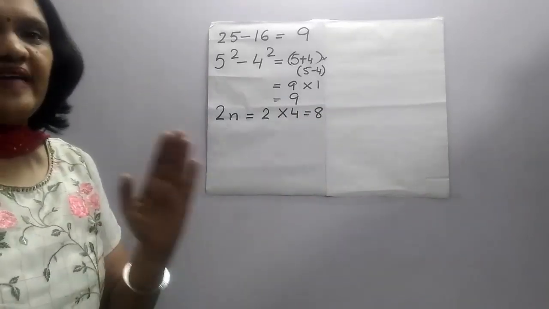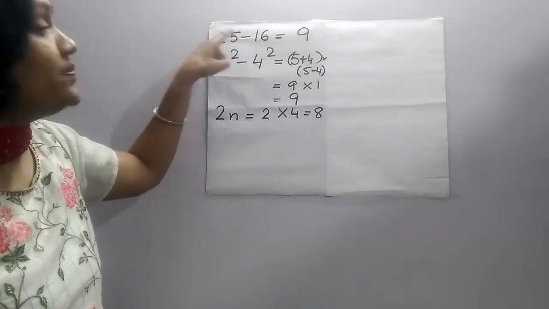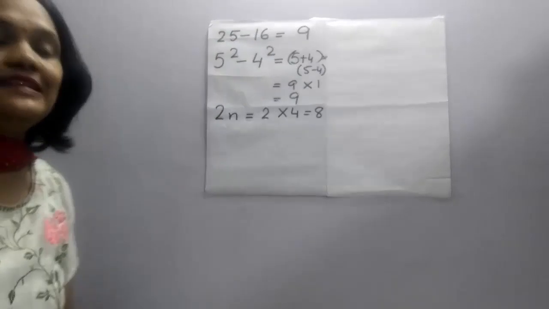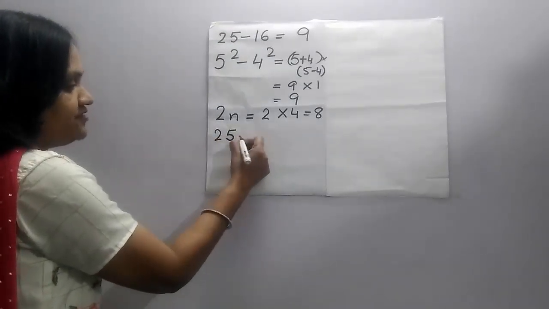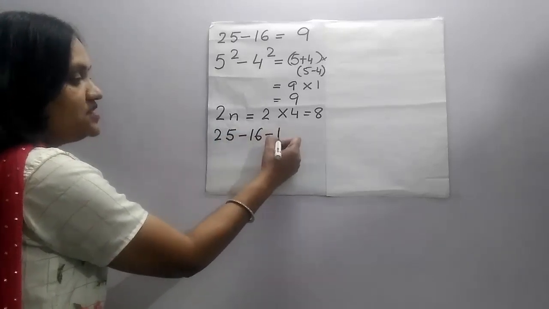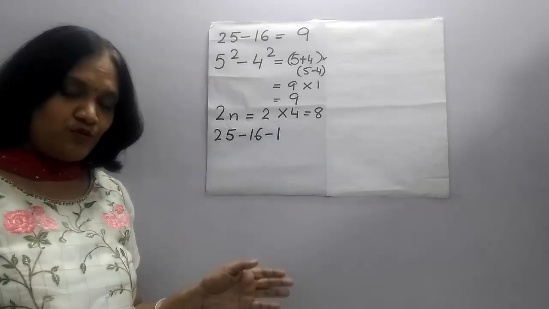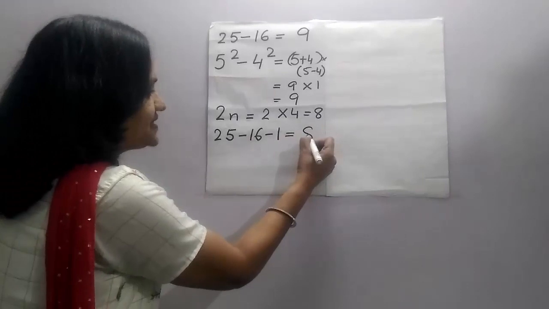If I ask you directly, how many natural numbers are there between 25 and 16, you will write 25 minus 16 minus 1. So we are getting 8.